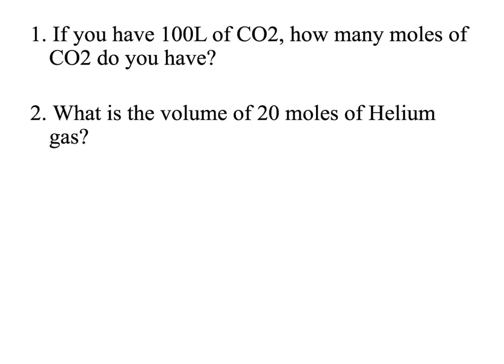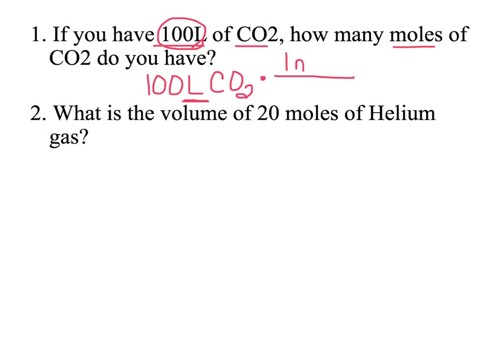Okay, here's 2 more practice problems. This time they're telling you have 100 liters of carbon dioxide, and they want to know how many moles you have. So they're telling you how much space it takes up. They want to know how many moles it is. So we're given 100 liters of CO2 times, and in this case, we want to cancel liters, so 1 mole of CO2 takes up how much space? 22.4 liters of space.